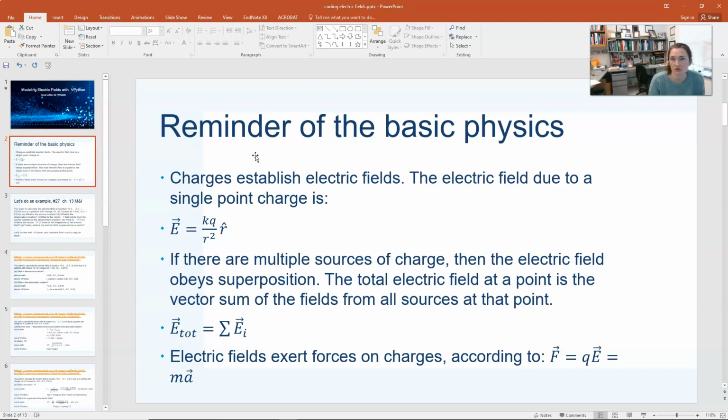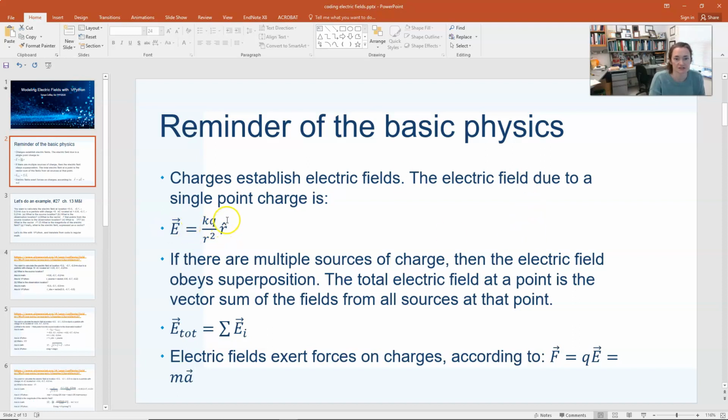Now here k is the Coulomb constant, which in SI units is 8.99 times 10 to the 9th newton meters squared per coulomb squared. And q is the charge in coulombs, and r is the distance from the source charge to the point in question where you wish to know the field.